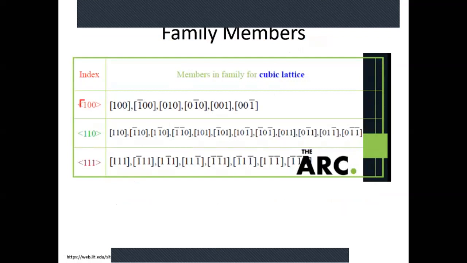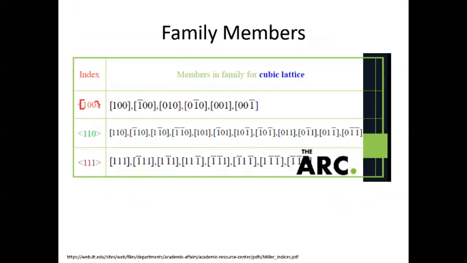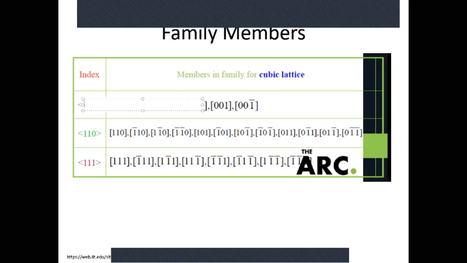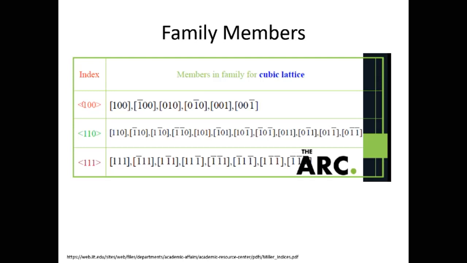That's for directions. But here, just note that these should be brackets.